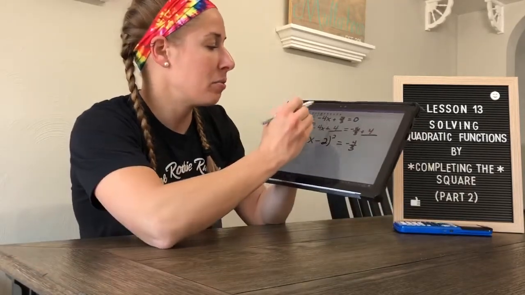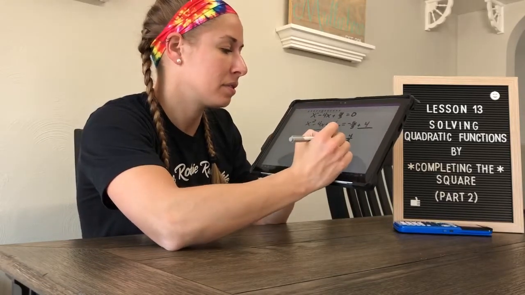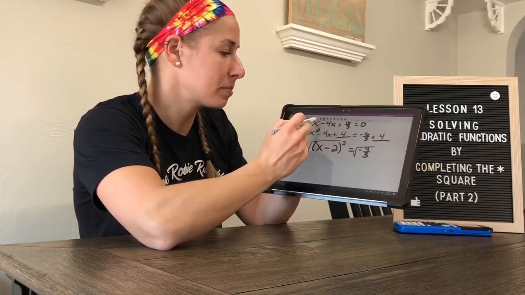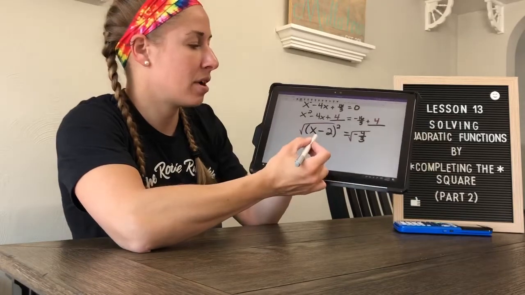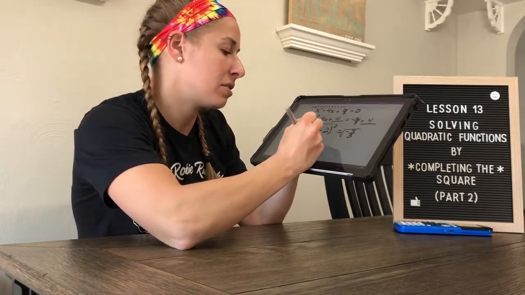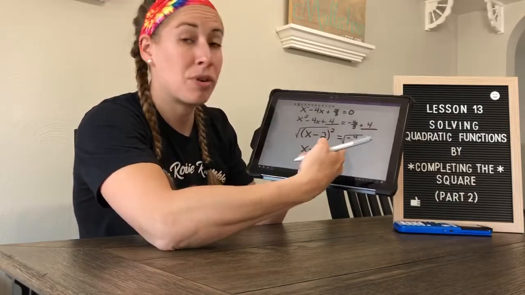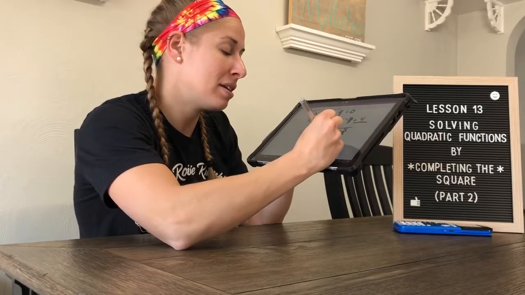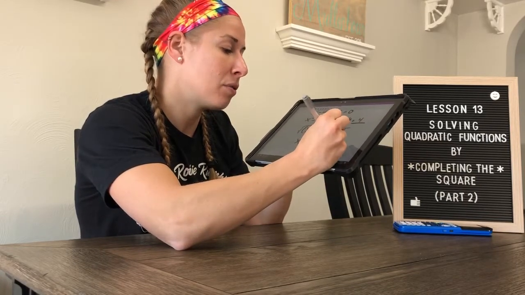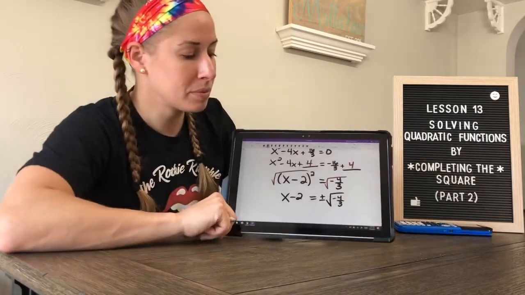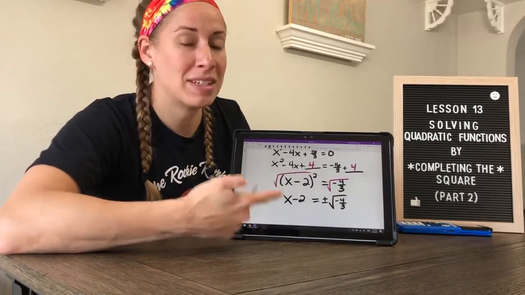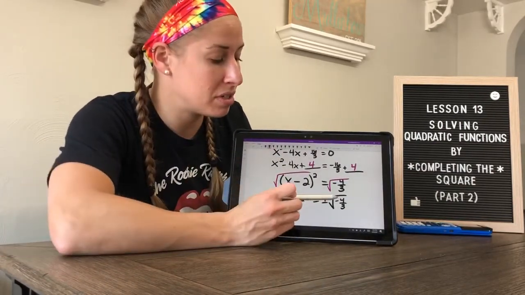So we could square root both sides. Taking the square root of something that's squared, so they cancel each other out. Square root of a number, so don't forget your plus or minus. Negative 4 thirds. What we would have to do is take out the imaginary component, which is the i.